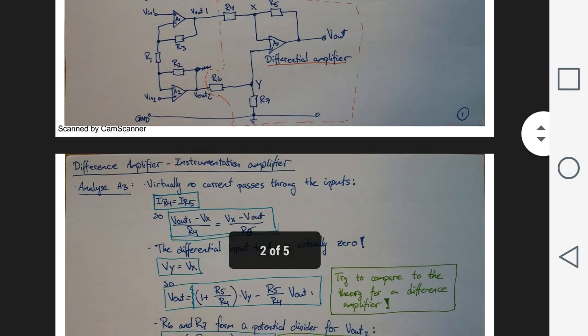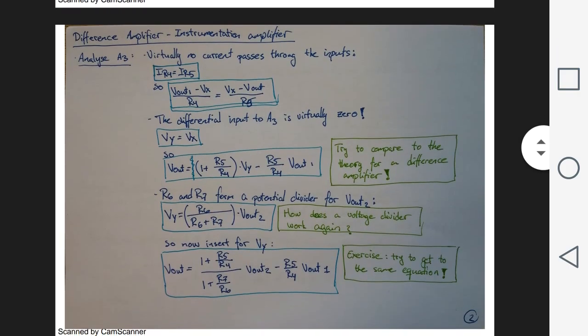Now, to understand how this instrumentation amplifier works, let's analyze the second stage, which contains A3. If we consider the ideal operational amplifier, there is virtually no current passing through the inputs of this stage, so the current through resistors R4 and R5 is equal.